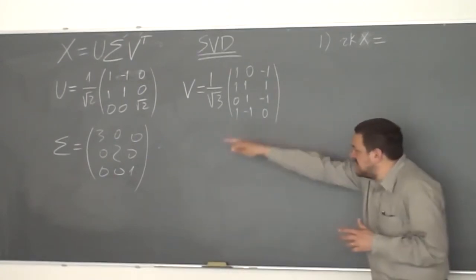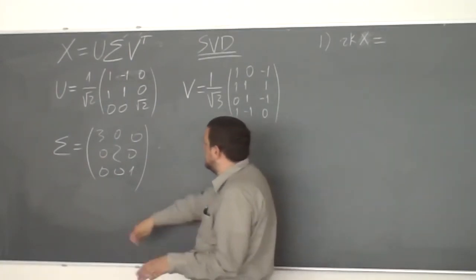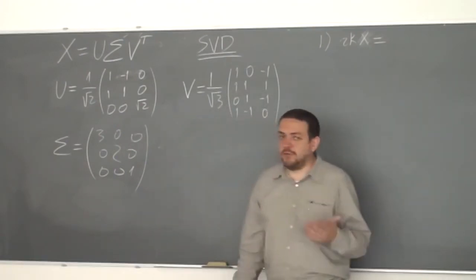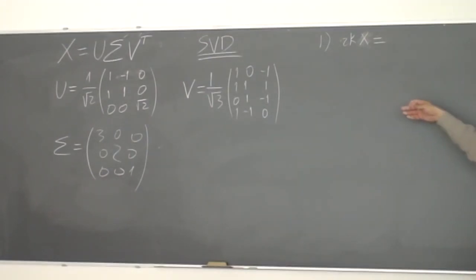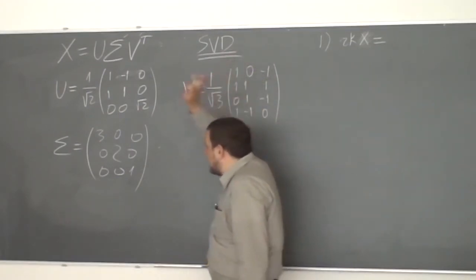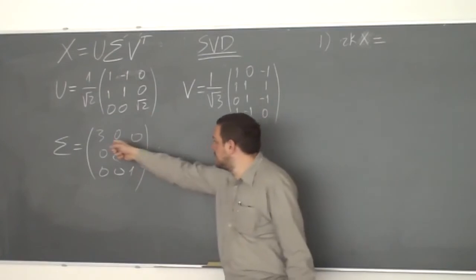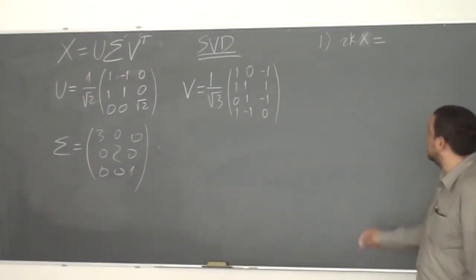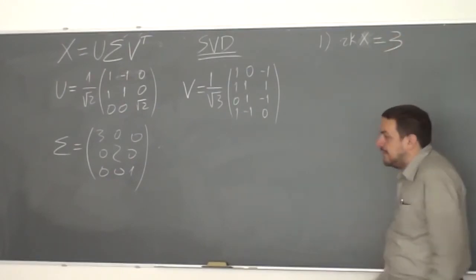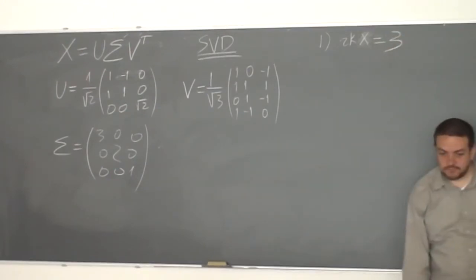The fact that this is an SVD already means that U and V are column orthonormal. Being column orthonormal, we are sure that the columns are linearly independent. So the rank of U and V is always full. So the number of non-zero singular values is the rank of the matrix. So we are sure that the rank of the matrix is 3.